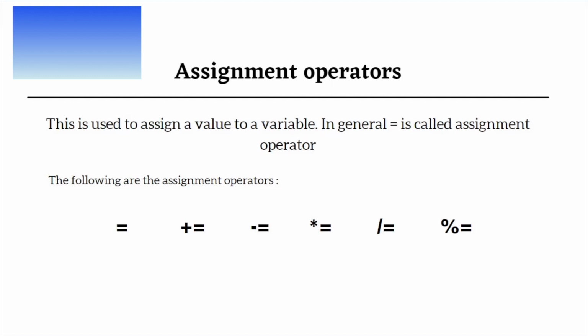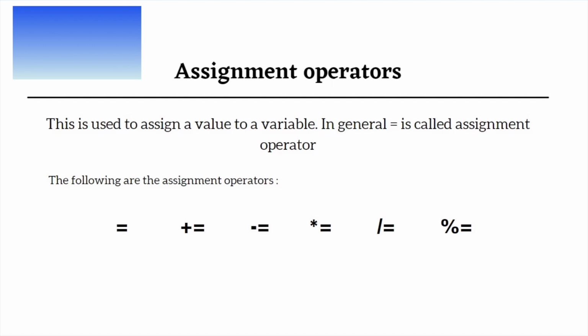For example, if you multiply 5 and 2, the result will be 10. 5 into 2 equals 10. So we are assigning the multiplication of 5 and 2 to 10, through a symbol called equals. So this equal to symbol is nothing but the assignment operator.